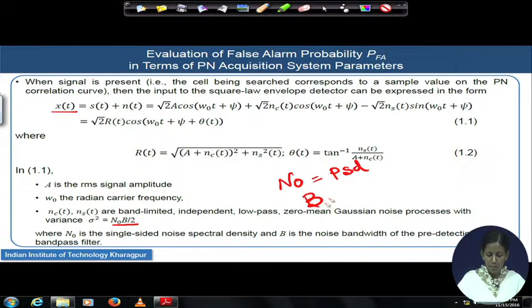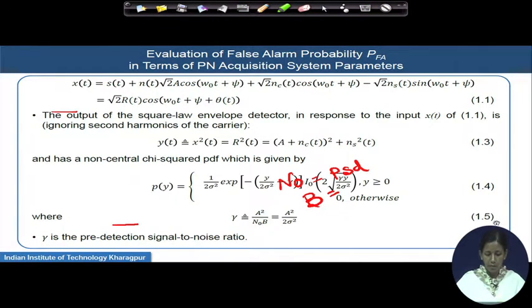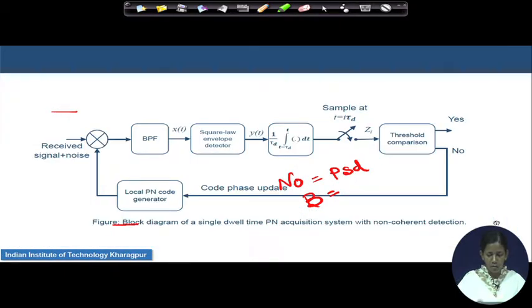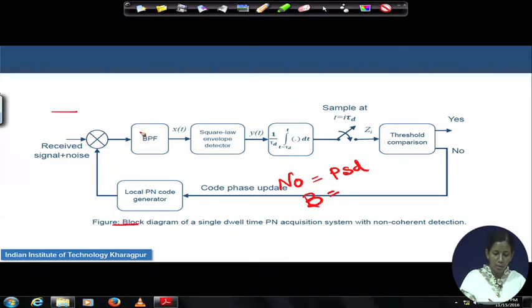Capital B is the bandwidth of the pre-detection band pass filter. Remember, before this square law envelope detector, we had a band pass filter. So, the noise is heavily affected by the bandwidth of this band pass filter.